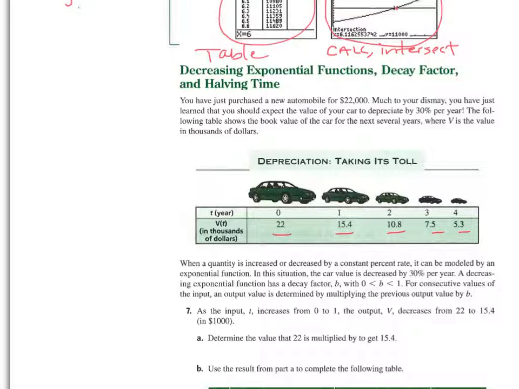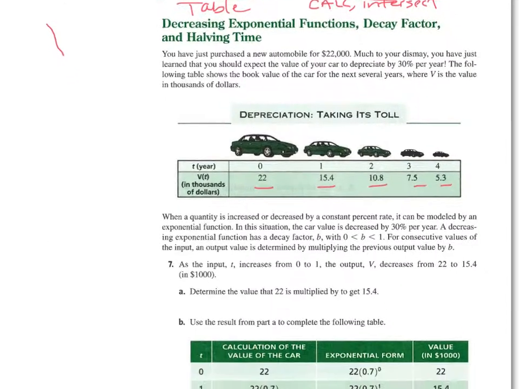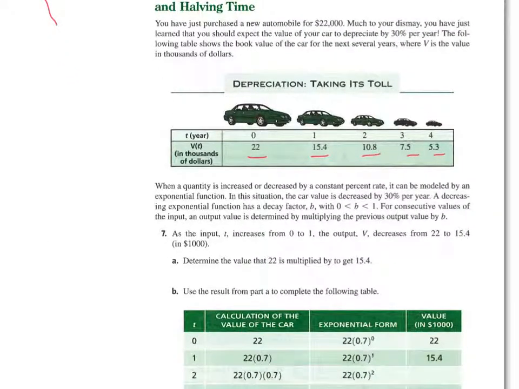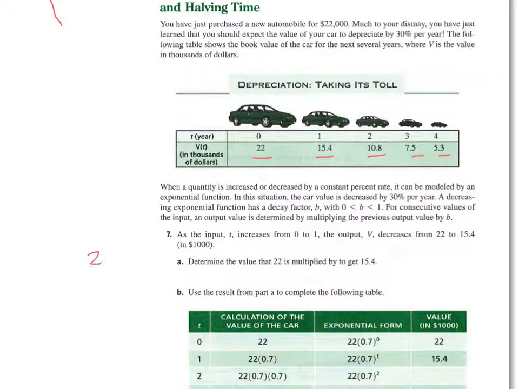So to figure out my decay factor, we're going to figure out the ratio like we did in that last one. To figure out what we have to actually multiply by, determine the value that 22 is multiplied by to get 15.4. So if I took the 15.4 and divided it by the 22, okay, found that ratio, I would end up getting 0.7.